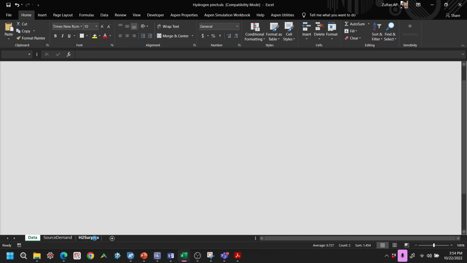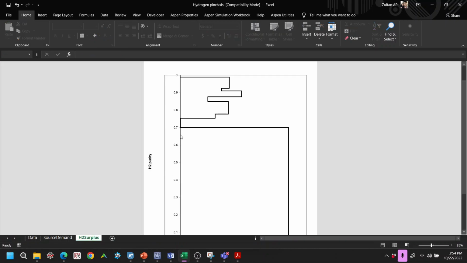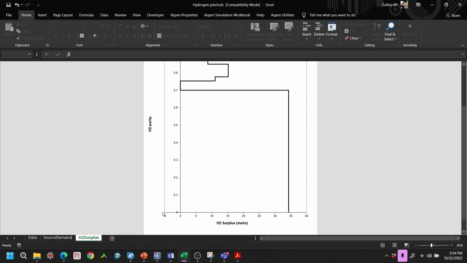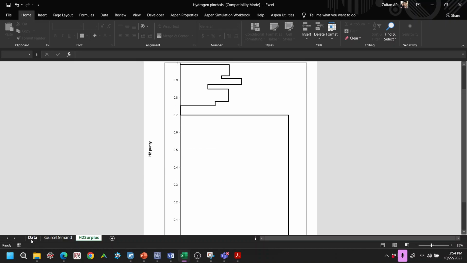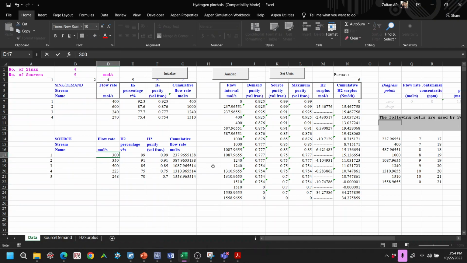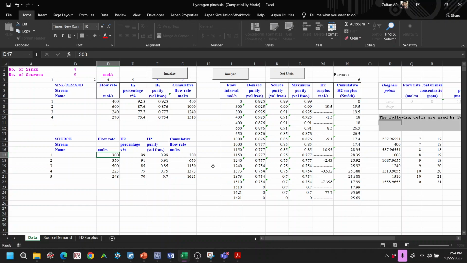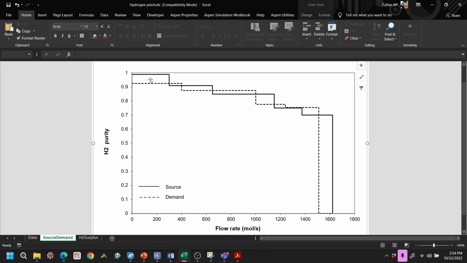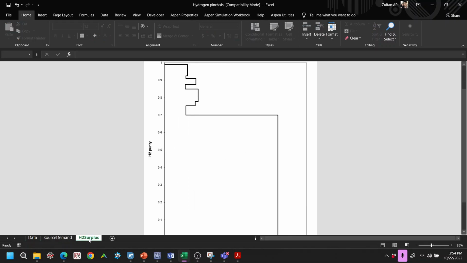So we have the 0 0 point, on the 0 flow rate. If you can see now it is 237 something. So if we put 250, maybe 300, right? So if you have a flow rate of 300 mole per second of hydrogen stream, you can see it moves to the right, and this also moves to the right, right?